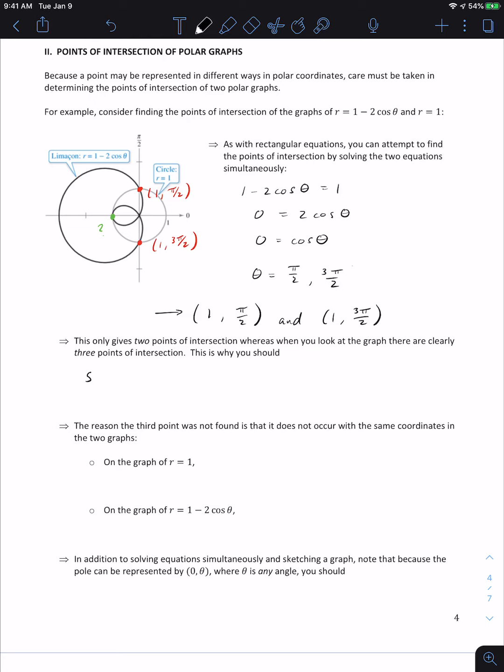This is why you should sketch a graph when finding the area of a polar region. You should always sketch it because then you can see if you missed anything and then maybe find those points by inspection.